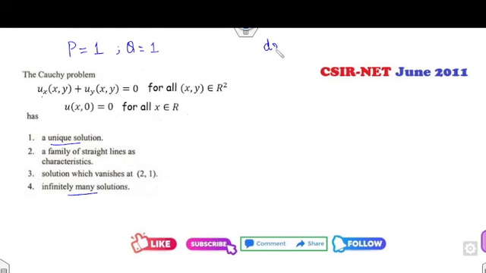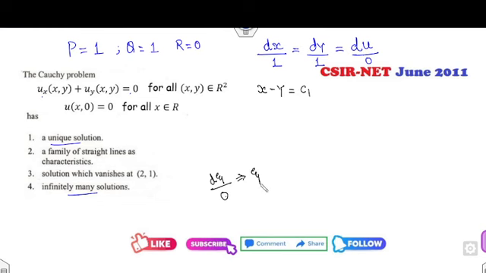So then you have to write the auxiliary equation, that is the Lagrange equation: dx, dy, the value of P is 1, Q is equal to 1, R is equal to the right hand side, which is 0. Fine. So now from the first and second equation, we will get x minus y is equal to constant. And remember, whenever the denominator is 0 for anything like xi, then the solution will be xi is equal to constant. In this case, u is equal to constant.